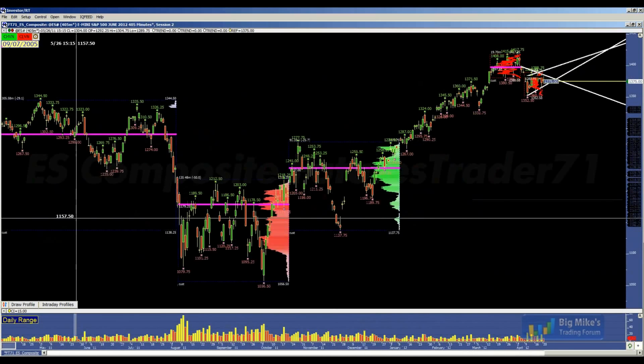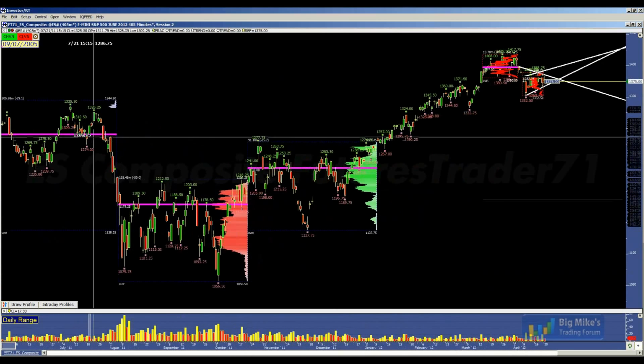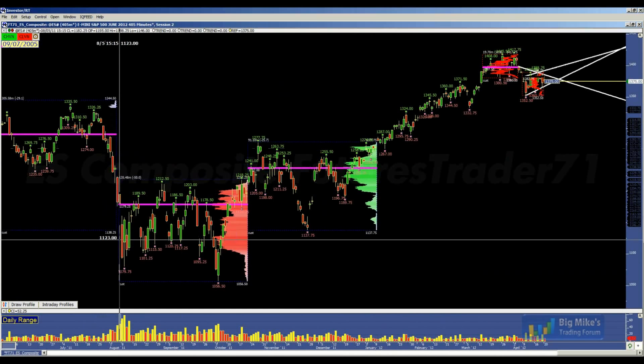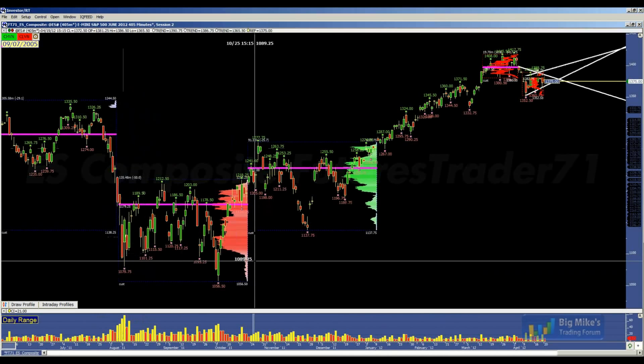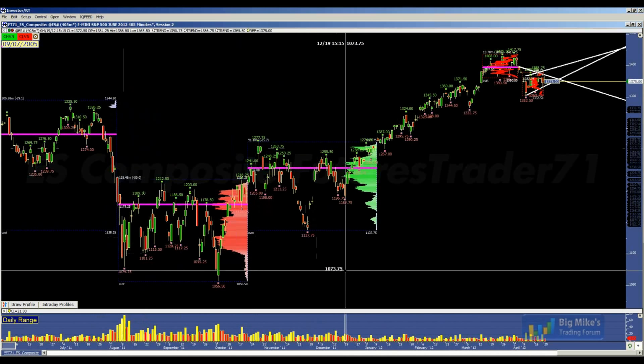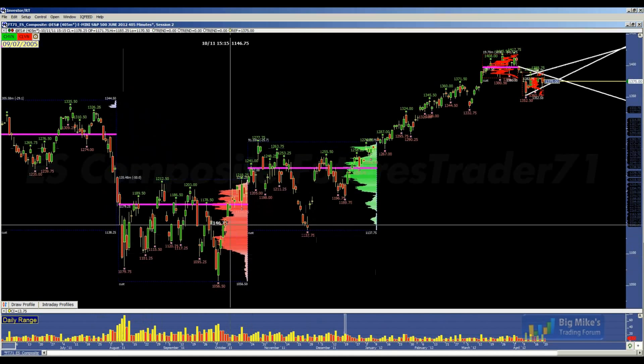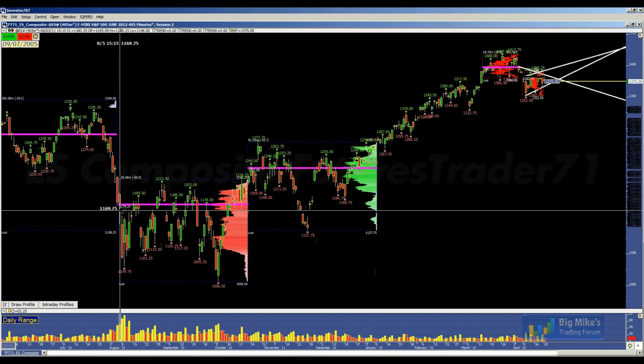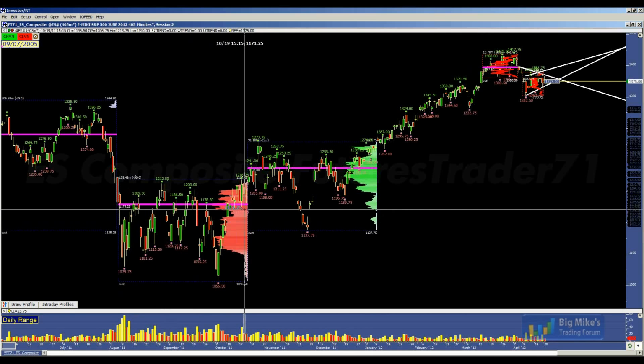Then in the summer of 2010, we had the big move that came on the heels of the news on Greece. We had chop during 3 months, early August all the way to mid-October.